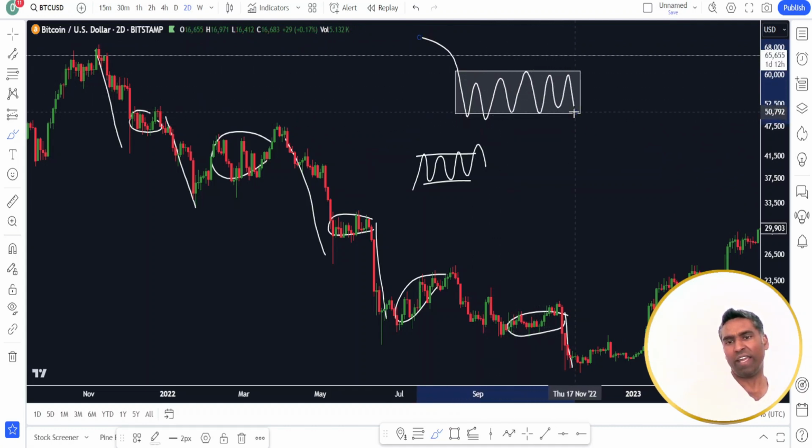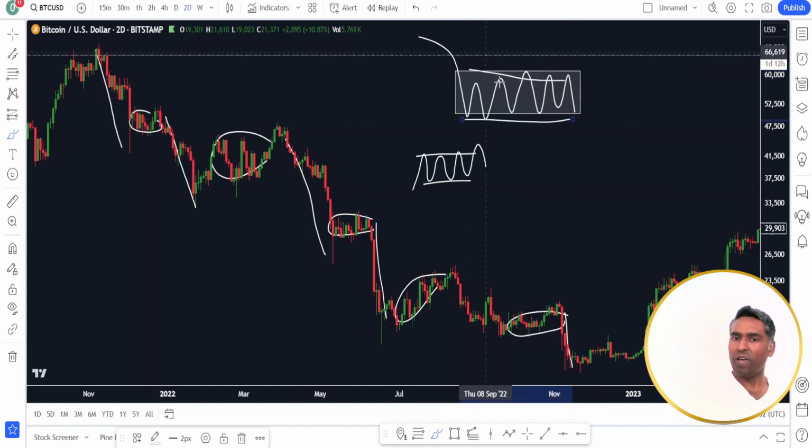It slowed down and we could draw a line here, and a line here. If price is slowing down in this pattern before breaking down and going into a sharp move, we call this a rectangle pattern, and it's a continuation pattern. It could be a continuation pattern in a downtrend, and the same is true for an uptrend.